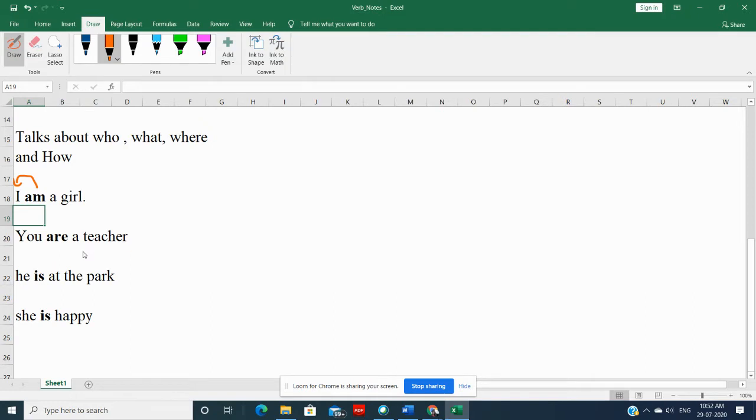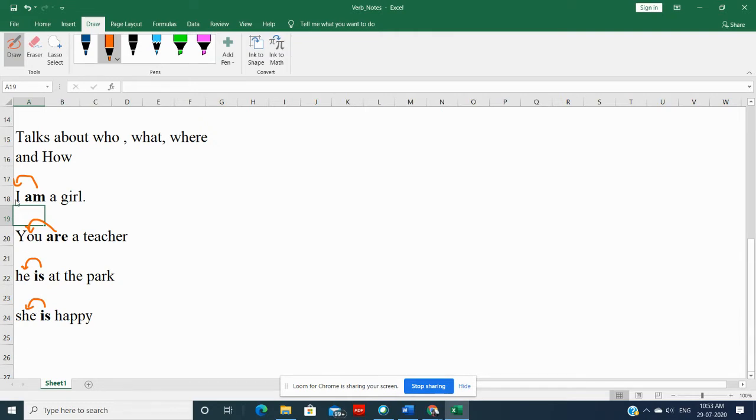When you say you are a teacher, you are talking about somebody, that is you. In the sentence he is at the park, you are telling where he is. And she is happy means here again we are talking about how she is.